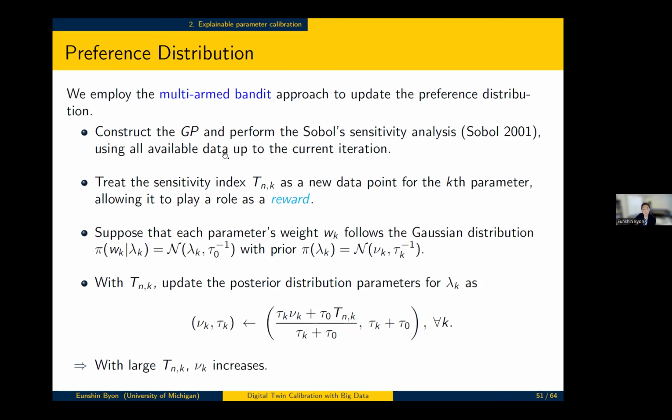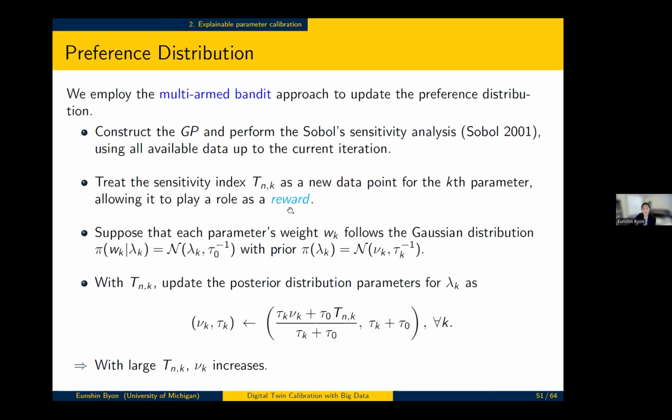Okay, so first we construct the Gaussian process, and we get the sensitivity measure. There could be different ways to get the sensitivity measure. In this study, we use the Sobol sensitivity analysis. Okay, so we get the sensitivity index for parameter k. And we use this index as the new data point for the k-th parameter. And we use this T k as the reward in the multi-armed bandit framework.